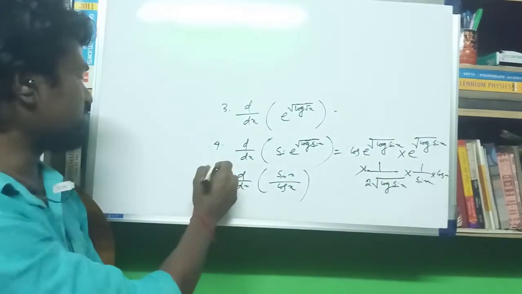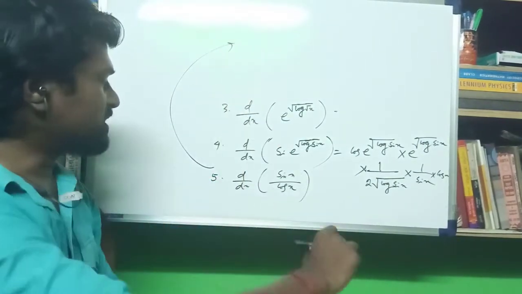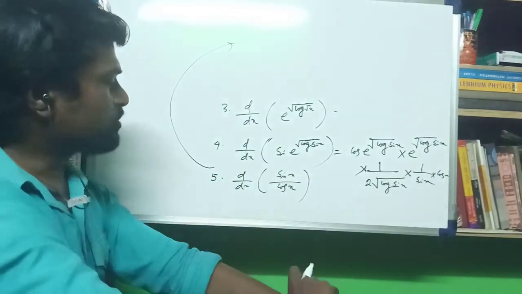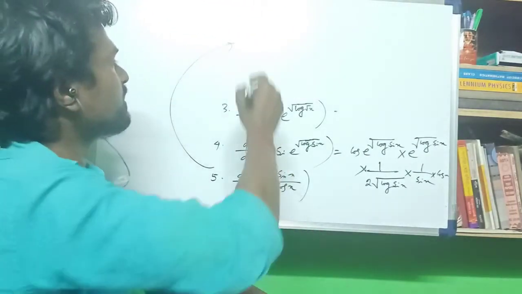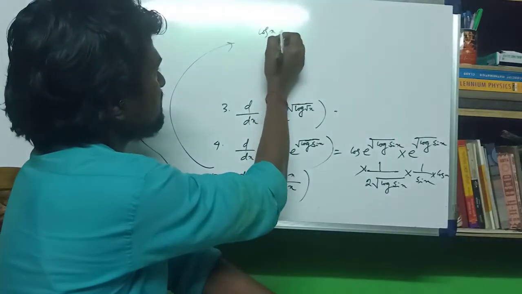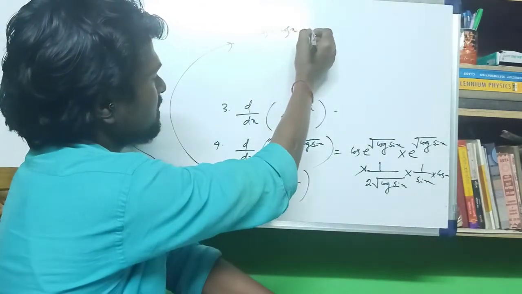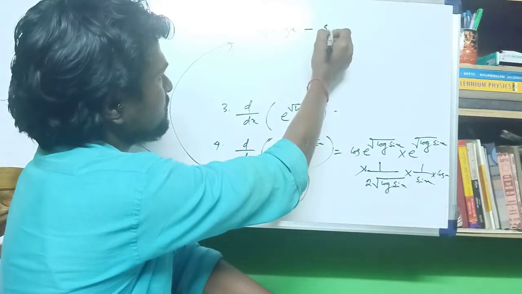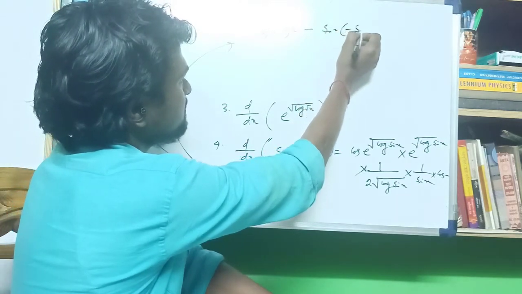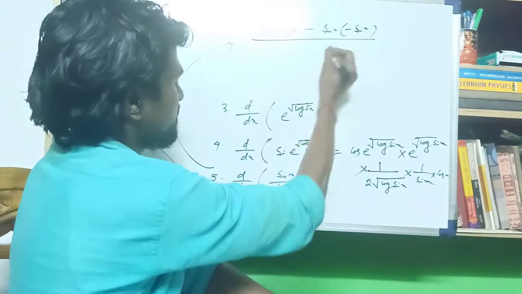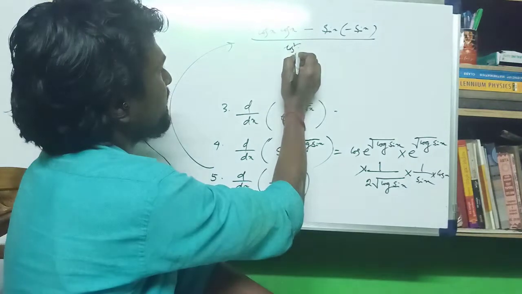We know that, but here the form is different. So sin by cos, the u by v method. So cos x into the derivative of sin x, which is cos x, minus sin x into the derivative of cos x, which is minus sin x, by cos square x.